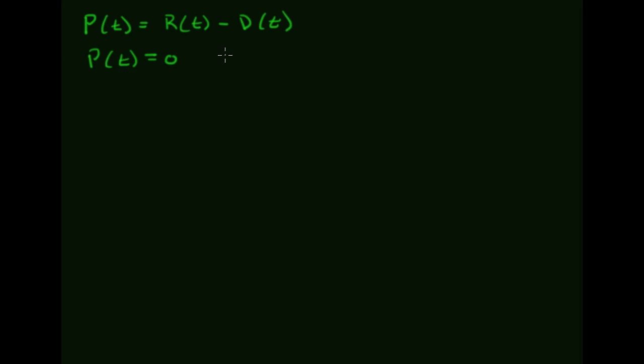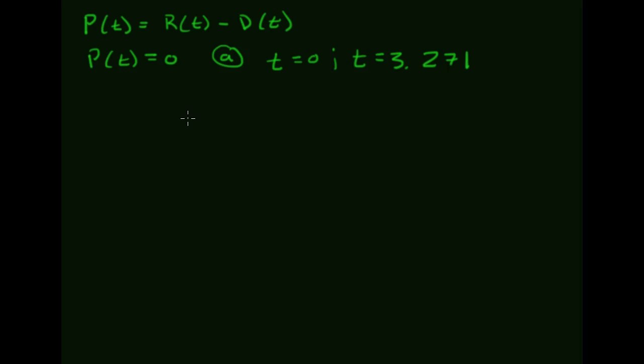If you throw that in the calculator, you're going to get that the critical point, where it's equal to 0, happens when t is 0, and when t is approximately 3.271-ish. So that means that my critical points here are 0, 3.271, and 8, right? The end of the interval.